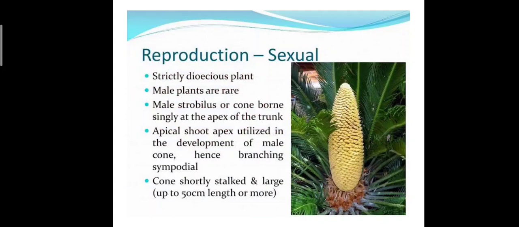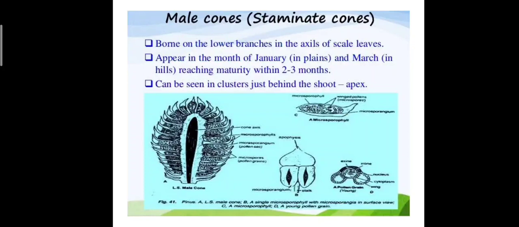So first is the male cone. Male cones develop singly at the apex of the plant, in between the foliage leaves, and the foliage leaves form a crown around.